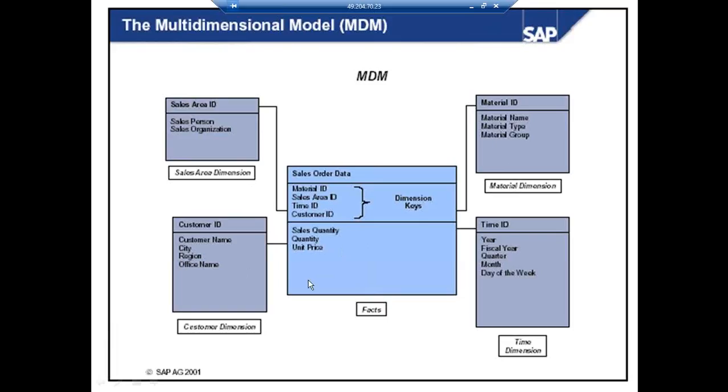So these are the dimensions, these are the facts, and to maintain the relations we use these keys. Then only we will be able to analyze these facts like quantity, price, amounts based on dimensions. I can do sales quantity analysis based on the material dimension, customer dimension, sales area dimension, time dimension, whatever I want.